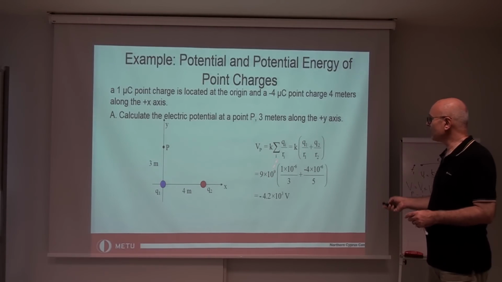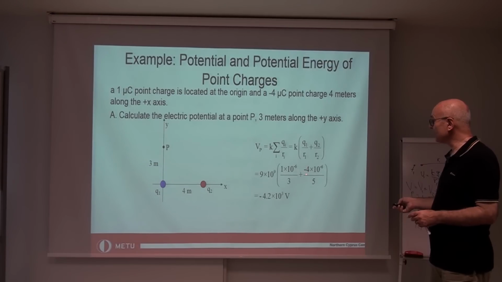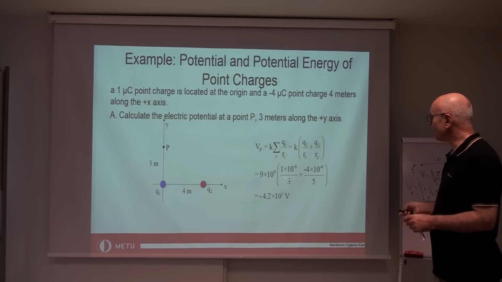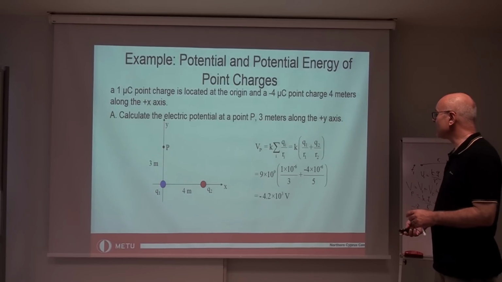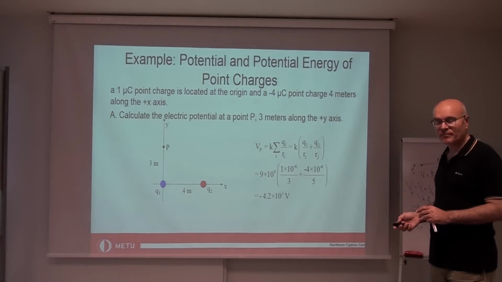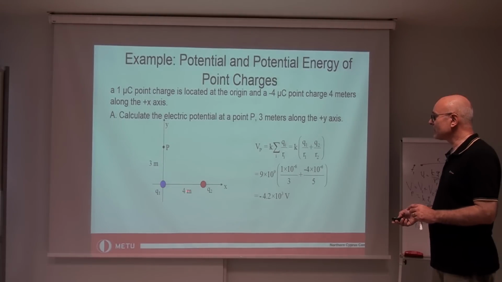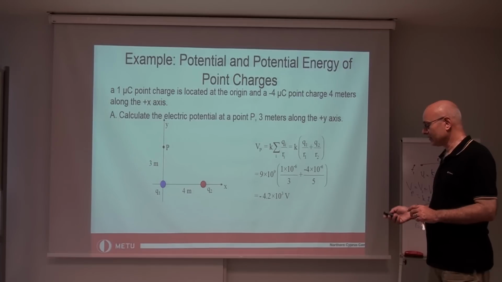You then substitute these values, as you can see. Note that I have substituted Q2 with its sign, so this term is negative. Then if you add this up together and make the calculation, this is minus 4.2 kilovolts. So this is the potential of this 2 charge system at the point P.